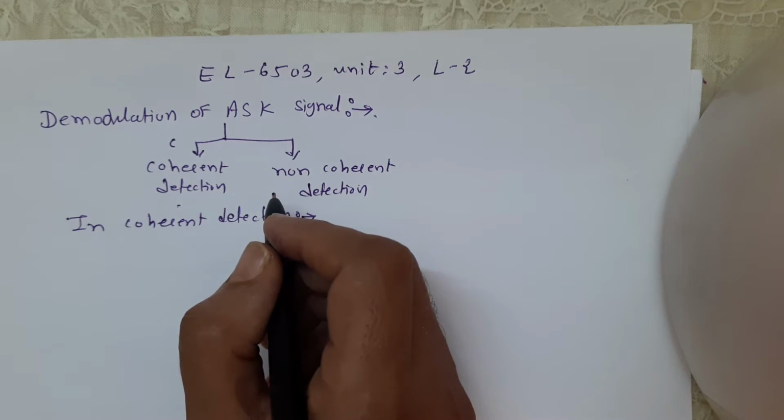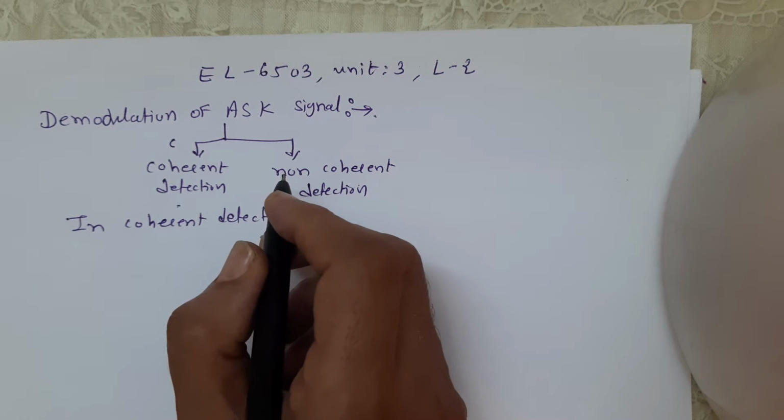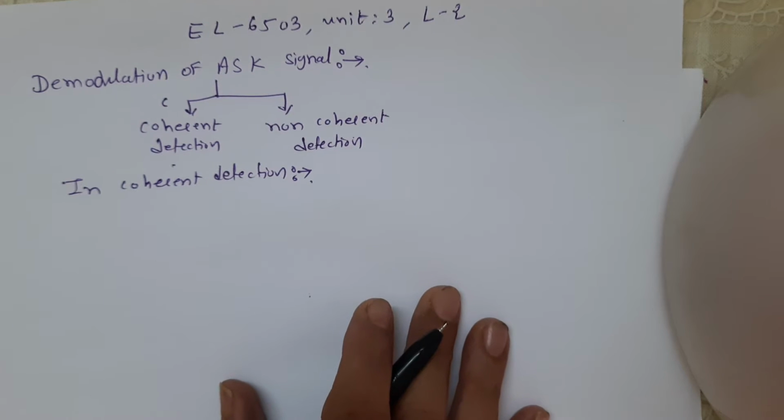The baseband message is retrieved by passing this signal through a low pass filter. The figure shows the block diagram of the coherent ASK detector. Now we draw the figure.